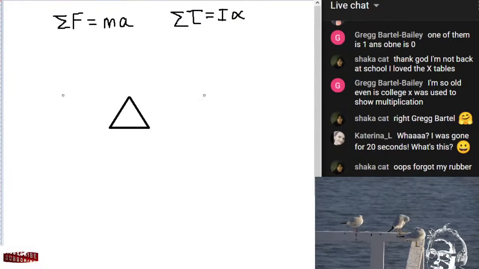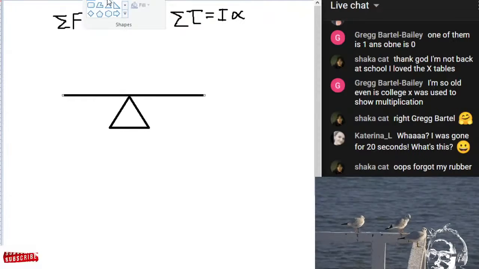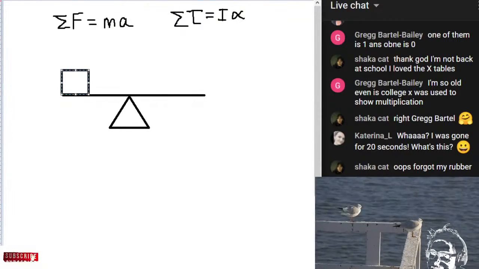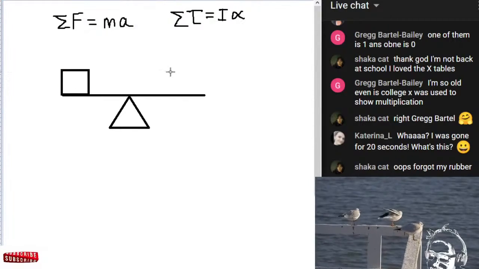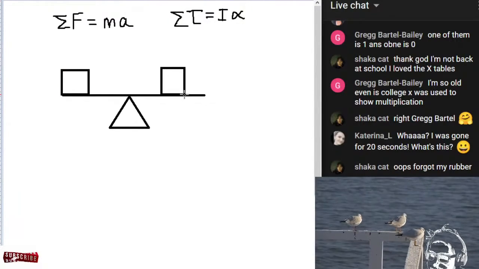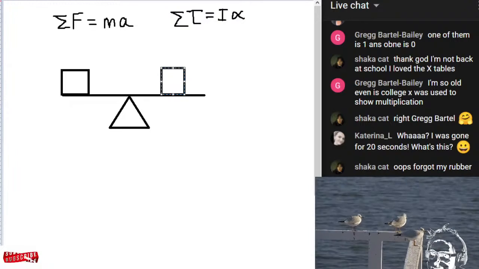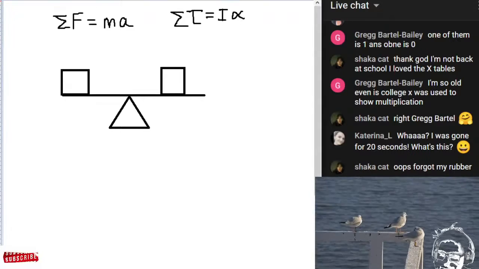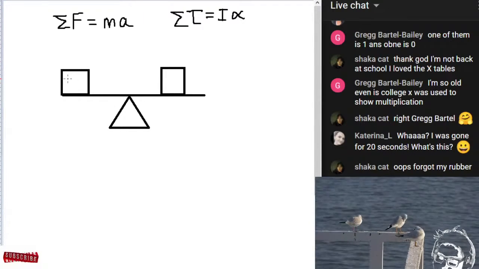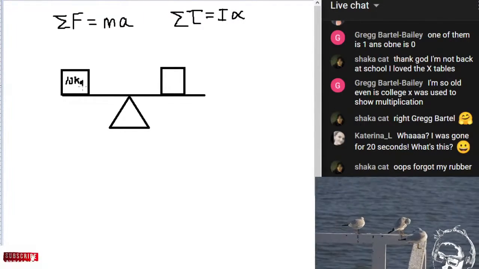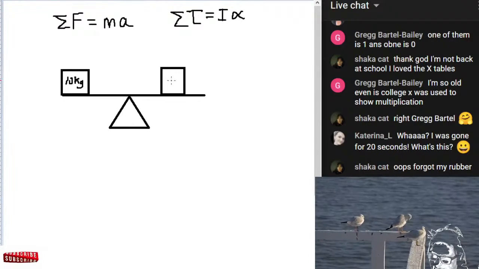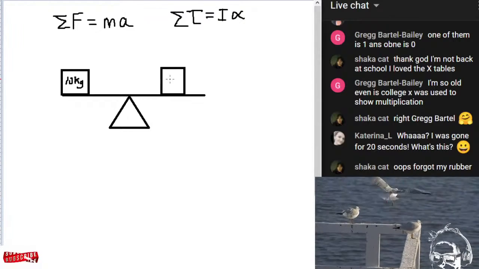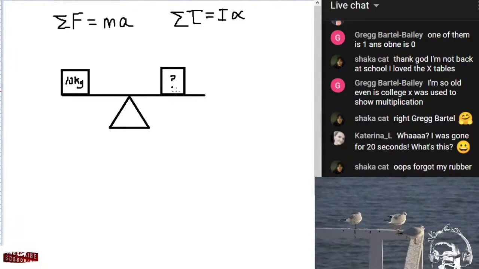Now let's say that we have a person or something on this side with this mass, and then someone over here sitting closer to the pivot point. We'll say that this is 10 kilograms, and this one, we don't know.